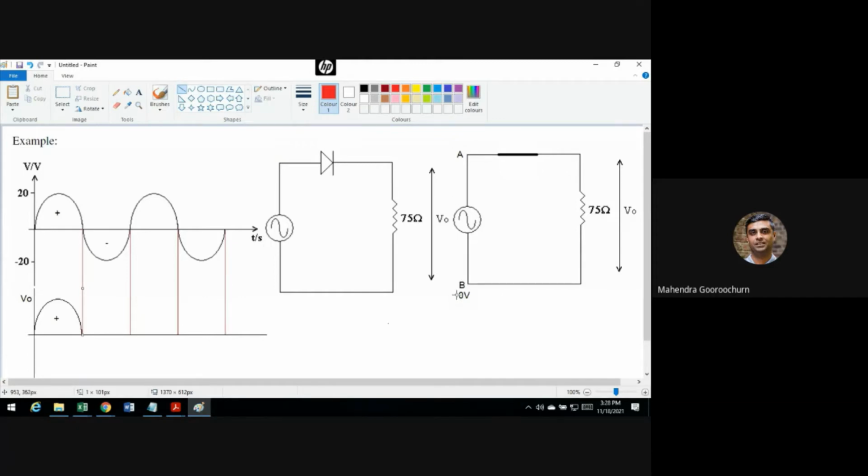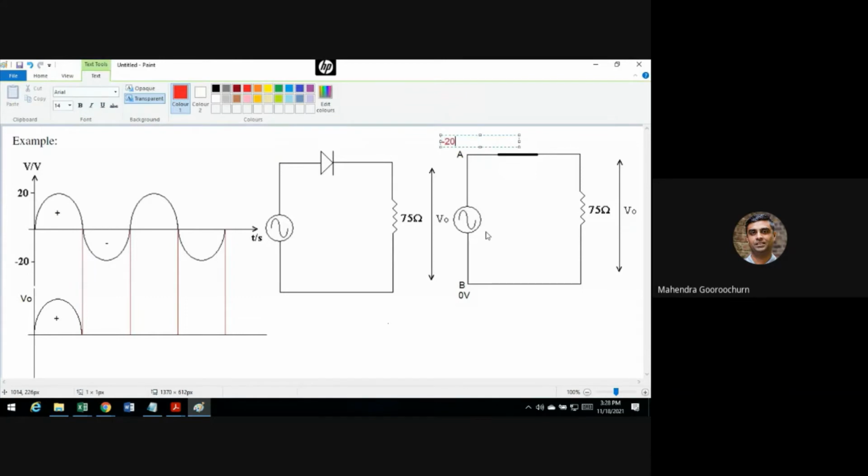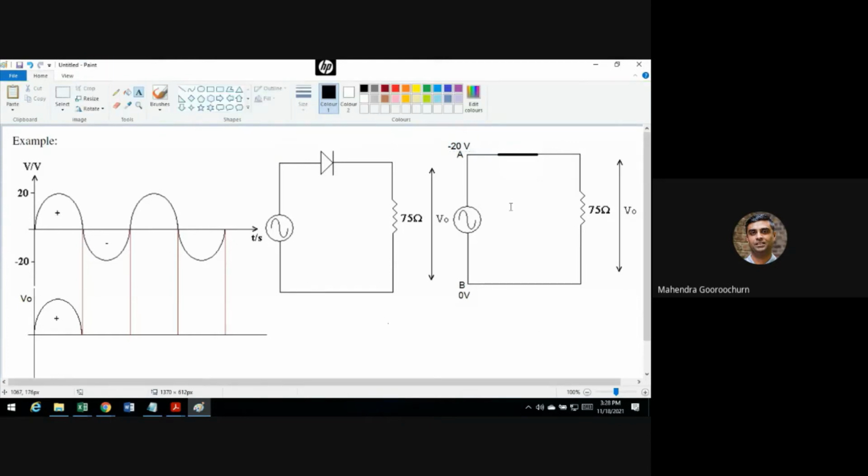Now, if you have 0 volts here, let me write it down, for the peak value you have minus 20 volts. This is special. This is just one point on your curve. So you have a situation like this where your A and B are like this.